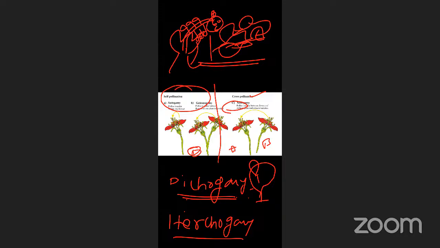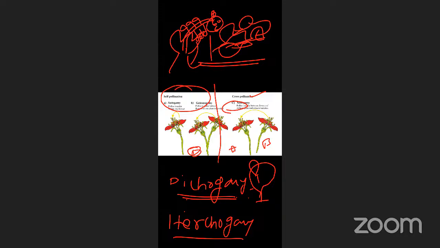Okay, wind. If the pollen grain is transferred with the help of the wind, that process is called anemophily. Remember it, anemophily. And then tell me another abiotic vector. Water. If the pollen grain is transferred with the help of water, that is called hydrophily. Hydro means water.